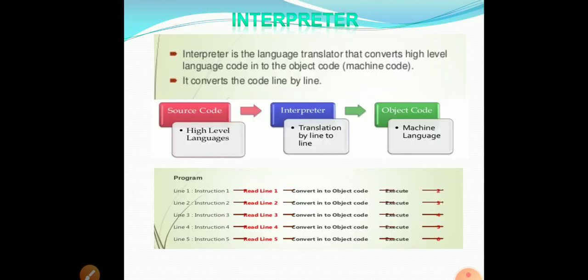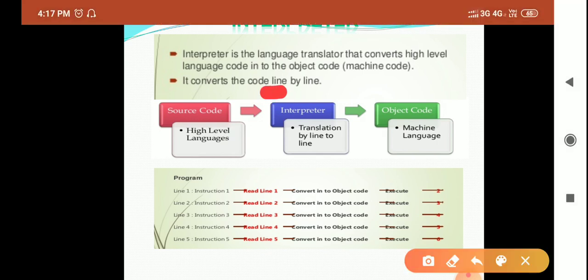Generally we have two types of translator, interpreter and compiler. An interpreter is a language translator that converts high level language code into object code, and it converts the code line by line. So this line by line is a keyword for that.